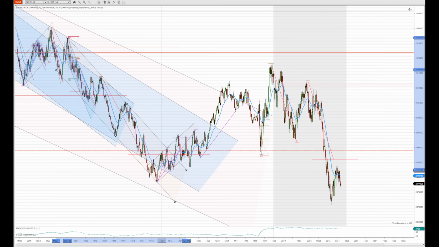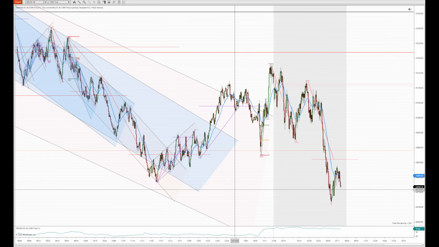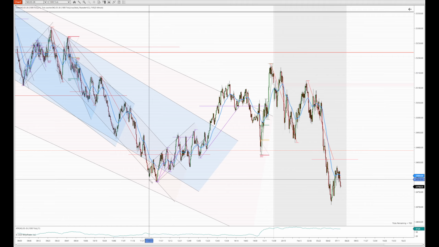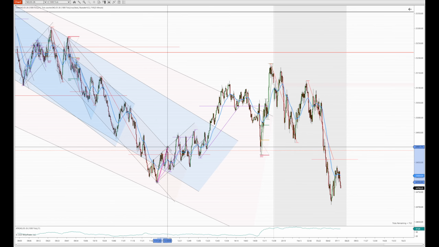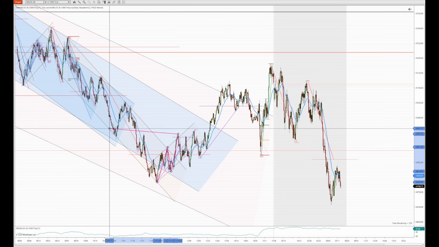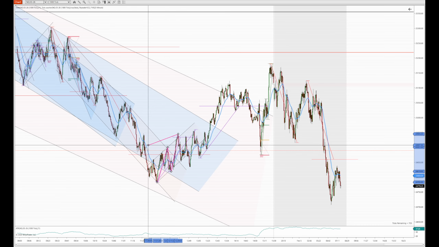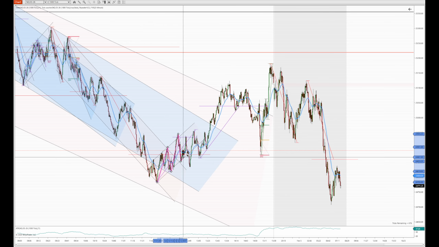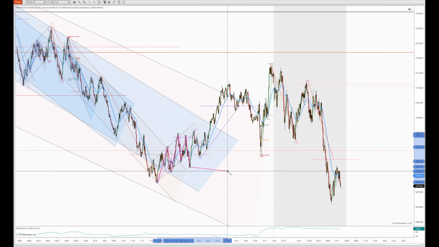So this smaller downtrend had this break, and after this overshoot and this break, we are now expecting a potential new low for this yellow downtrend, which we can see here.